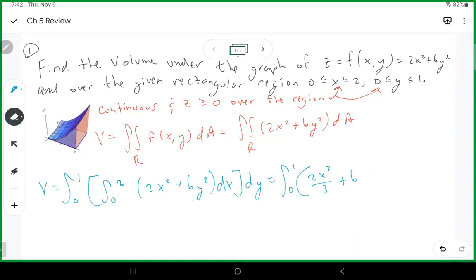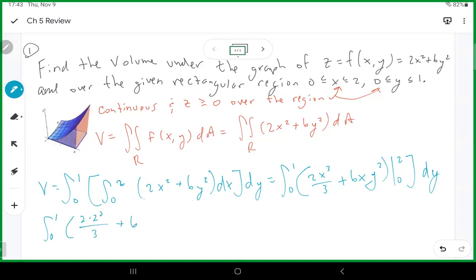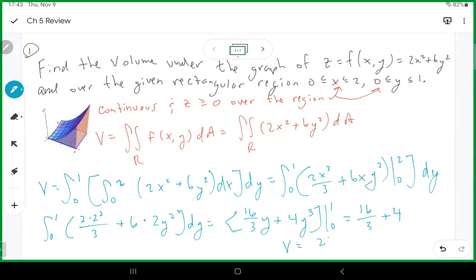And then so then your volume is going to be 28/3.